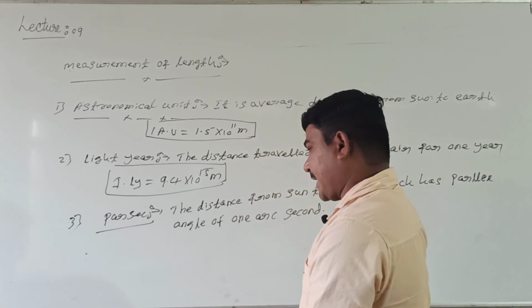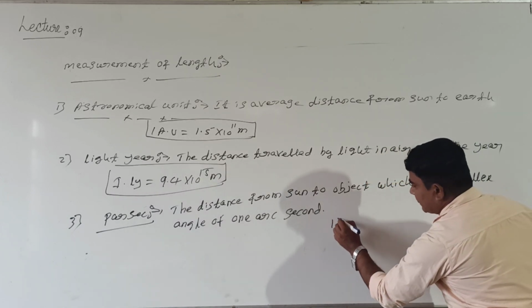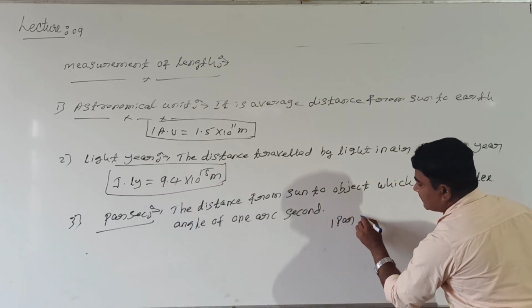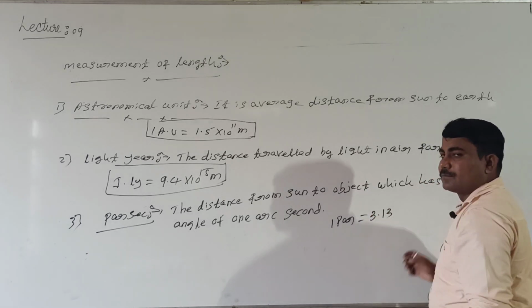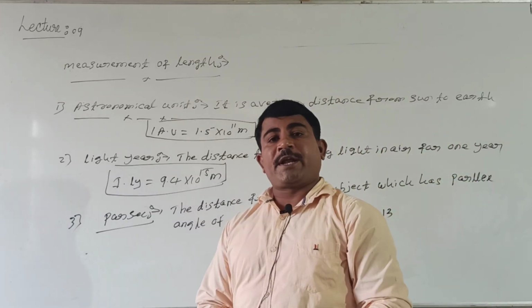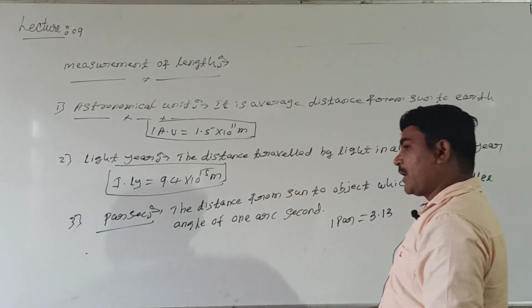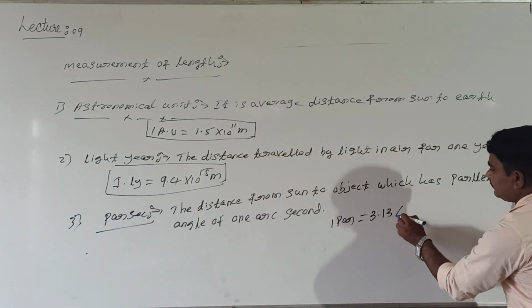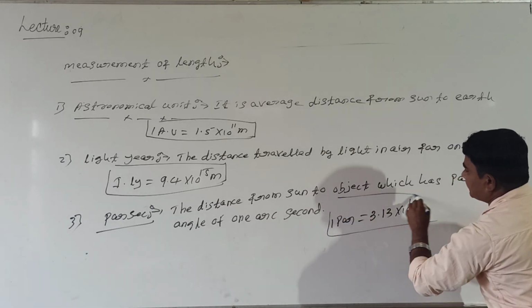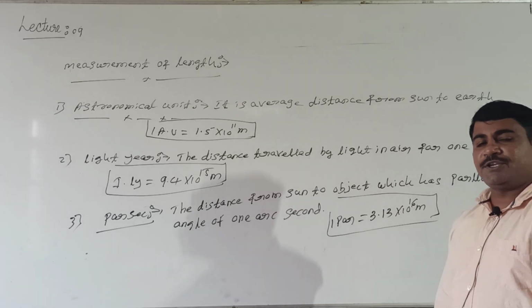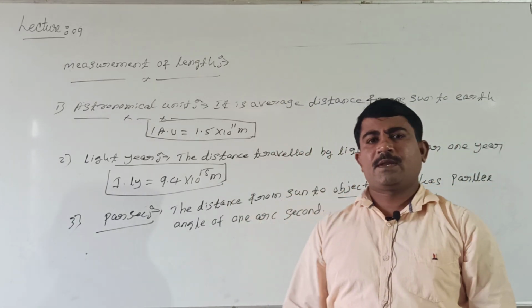That is what we call 1 parsec. 1 parsec equals 3.13 into 10 raised to 16 meter. This is 1 parsec.